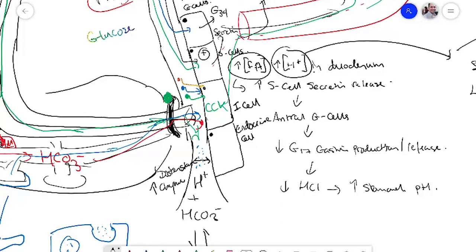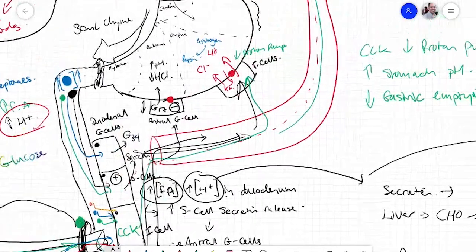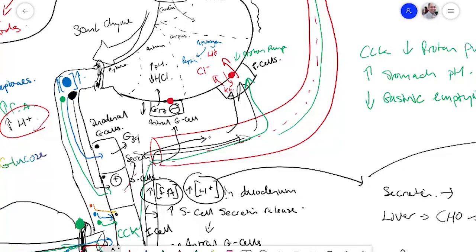Now this stretch response is going to cause an increase in the synthesis and release of two different substances called peptide YY and neurotensin, which I'll call NT. Okay, so off these guys go into the bloodstream, and they are going to affect the P cell.